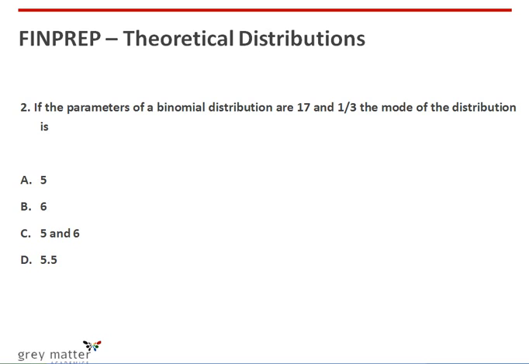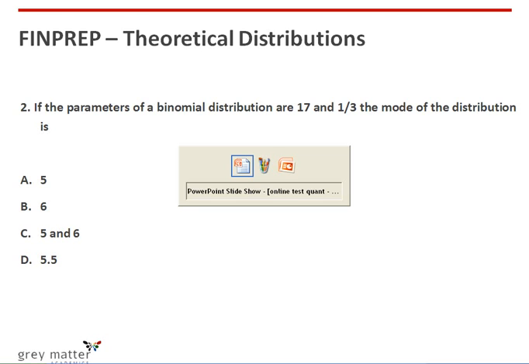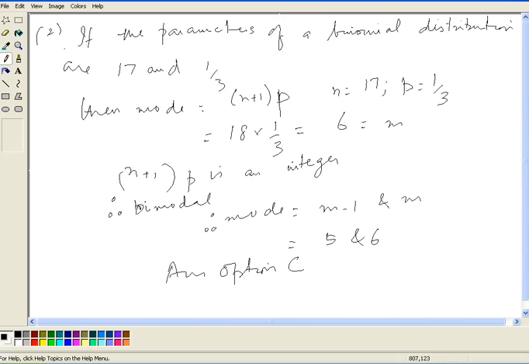Second question: if the parameters of a binomial distribution are 17 and 1 by 3, the mode of the distribution is. Go back to the work area. The parameters given are 17 and 1 by 3. Then mode is actually (n plus 1) into p, where n is 17 and p is 1 by 3. Now that works out to be 6, which is m.